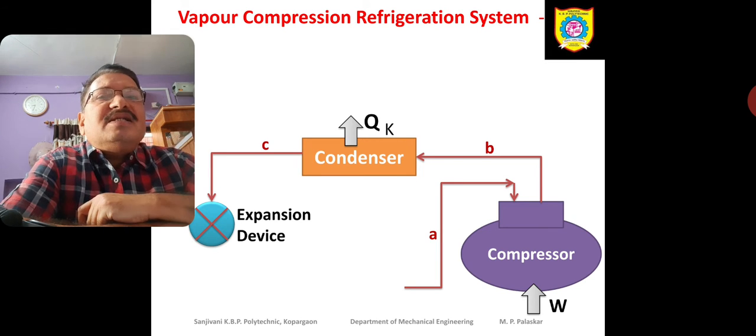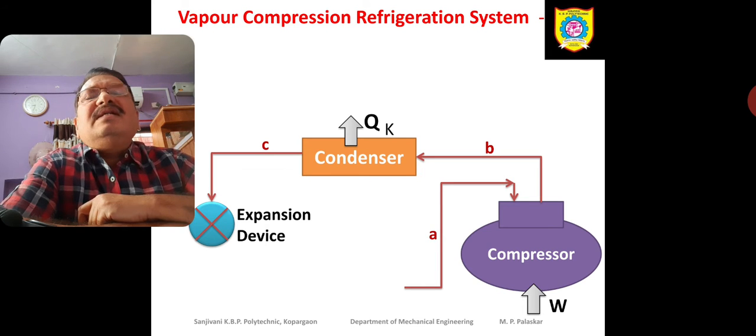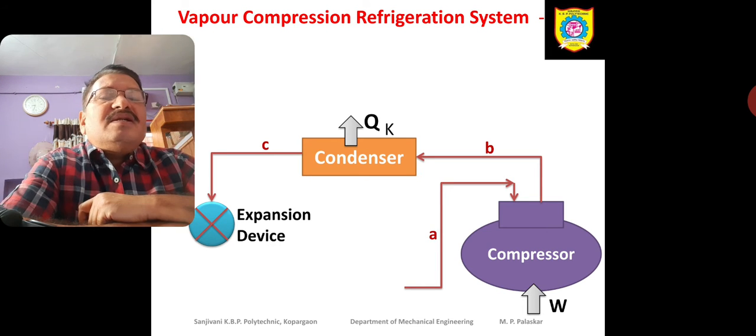Therefore this expansion is also called as throttling, or it is nothing but the isenthalpic expansion, because during this expansion process the enthalpy remains constant, because we are not supplying energy to the refrigerant nor we are obtaining any energy from the refrigerant. This energy is not in the form of heat, as well as it is not in the form of mechanical work.